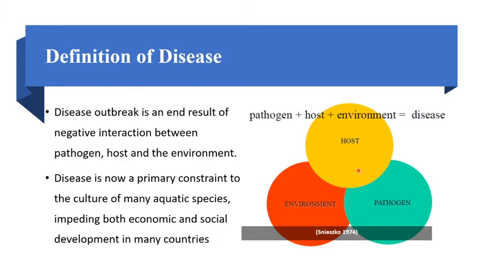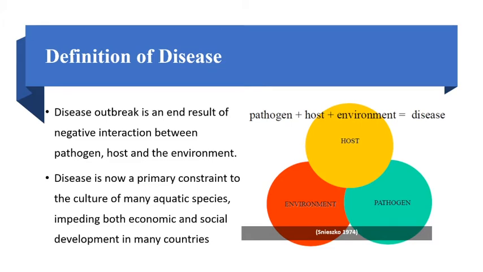So this is host, this is environment and this is pathogen. These three interact in a negative way so that it results in disease, according to Sniezko 1974. Disease is now a primary constraint to the culture of many aquatic species, impeding both economic and social development in many countries.